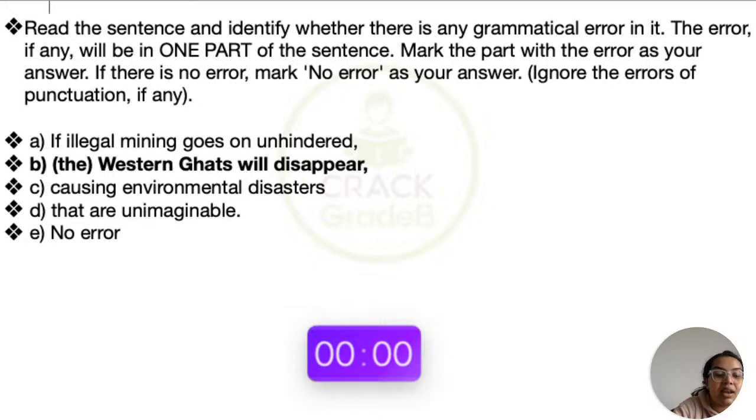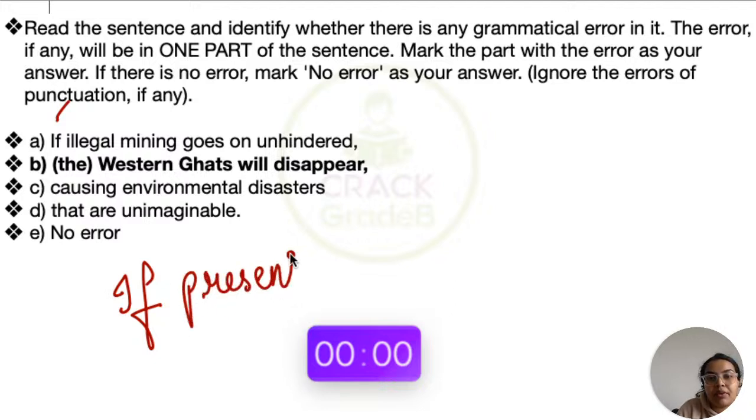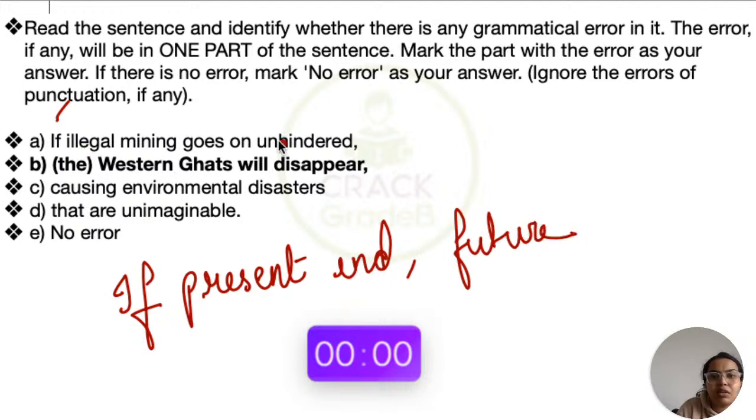This is a classic question. If illegal mining goes on unhindered, okay, so what we are saying here is an if condition, where if I'm using simple present or present indefinite with if, my second clause is going to be in future. So that is one thing that I have to check, which is perfect here. Goes on, will disappear.